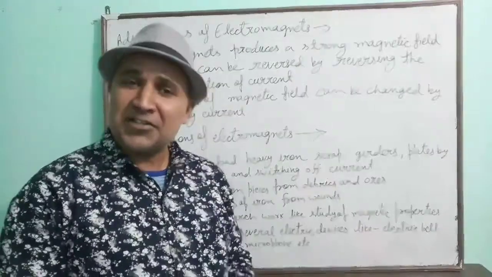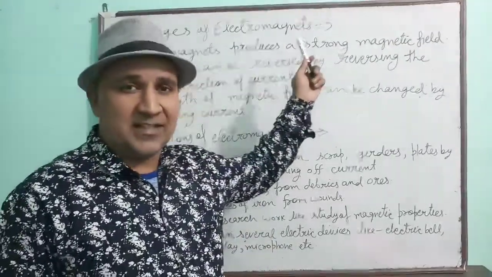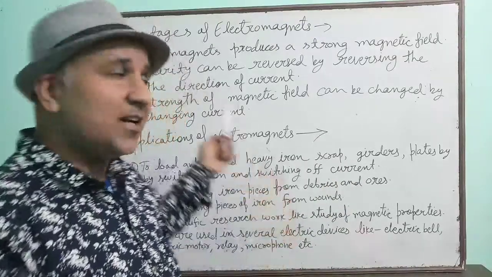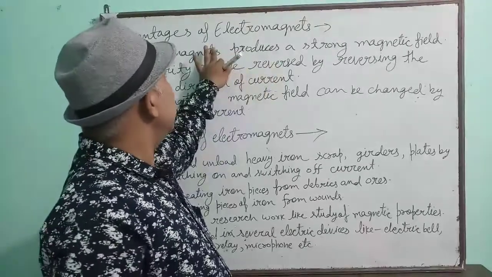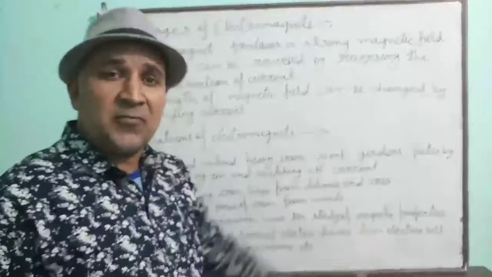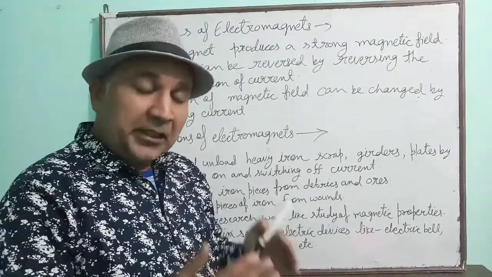Okay children, now the last topic of the chapter is advantages of electromagnets. Yes children, there are many advantages. Some are here. The first one is electromagnet produces a strong magnetic field. This is the first advantage of electromagnet.